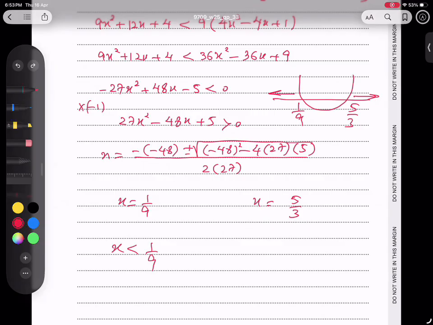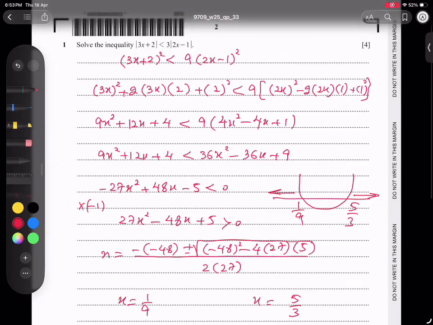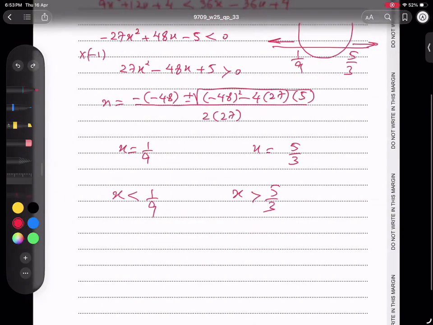What about this? How to read it? More than 5/3. Now, normally we have a graphical solution. If we have a graphical solution, we make both graphs and check which solution is possible and which is not. But now there is no graphical solution. So what will we do?